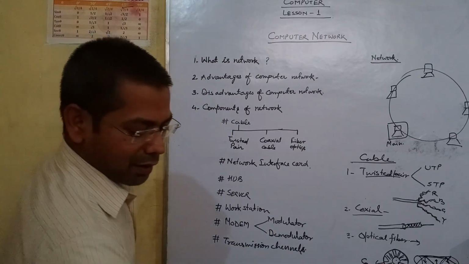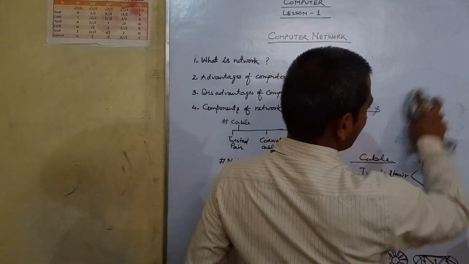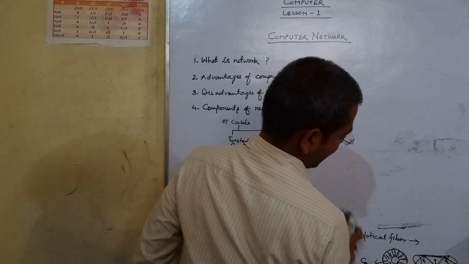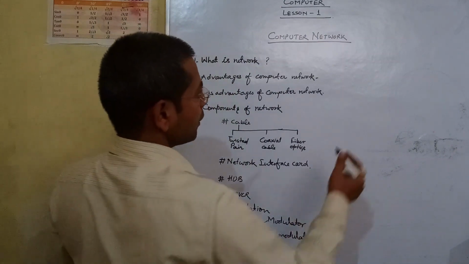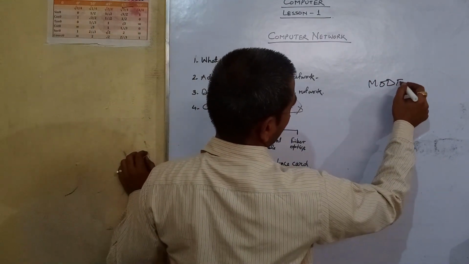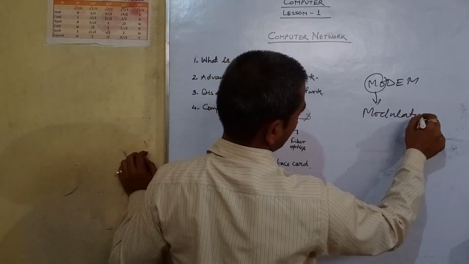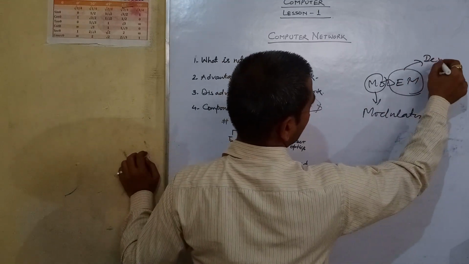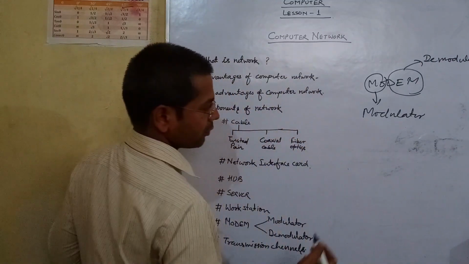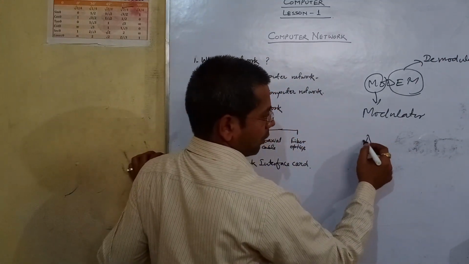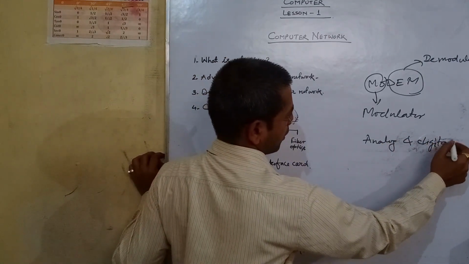Modem is a computer hardware which is used to modulate and demodulate data. The data can be of two forms, analog and digital.